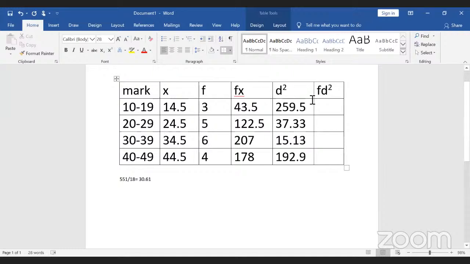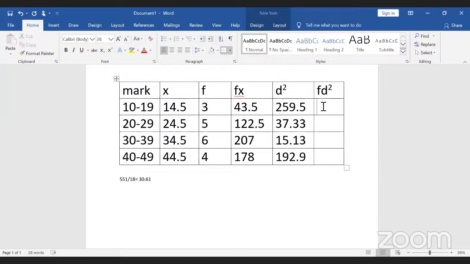So that's why for the group data, we are introducing the F, so that we get how many students each class had, and these students we multiply by the deviations for the total deviation. So the last column will be FD squared.